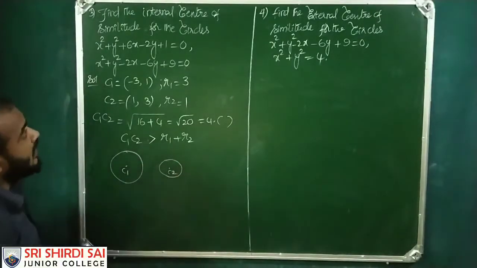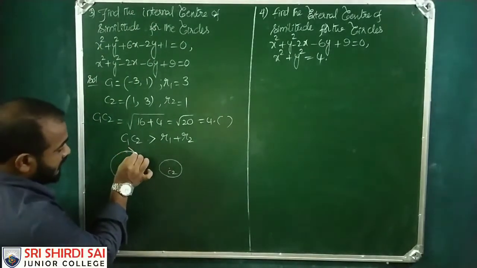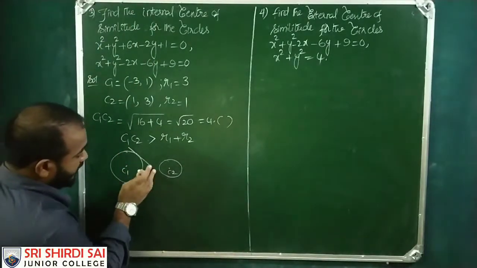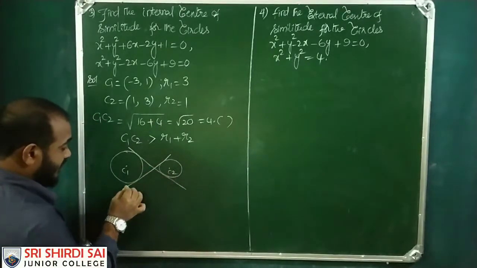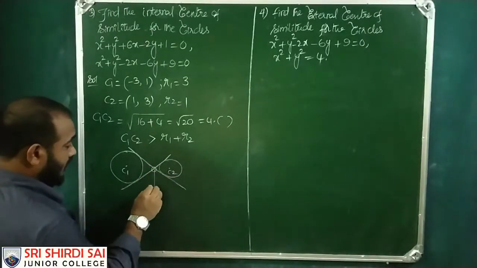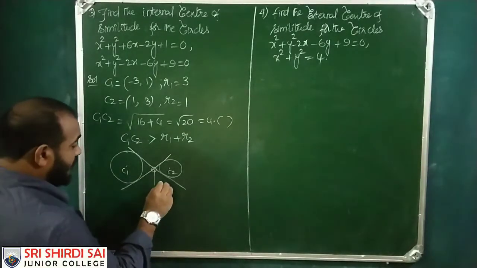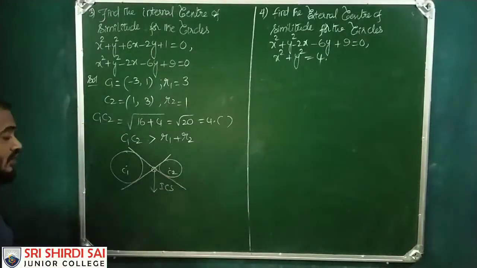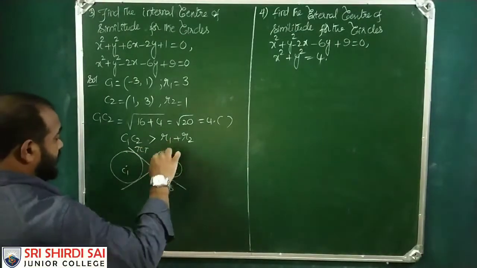And what is being asked? The internal center of similitude. That means this is one transverse common tangent and this is another transverse common tangent, and this point of contact is what we are looking for. This point of contact, what is this? The internal center of similitude. These are the transverse common tangents.